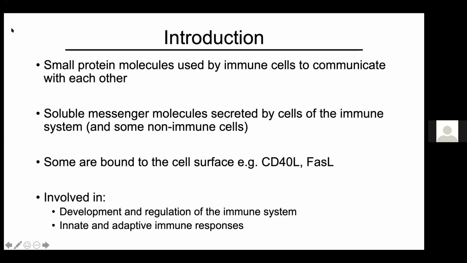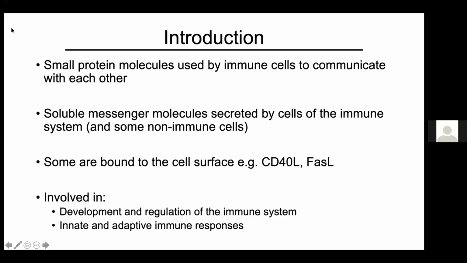Some are, so we said that soluble, meaning they'll be found in solution, but some are actually found bound to the cell surface. So there are cell surface membrane molecules which would act on receptors that are found on other cell surfaces. For example, the CD40 ligand is a cell surface bound cytokine, as well as the Fas ligand.